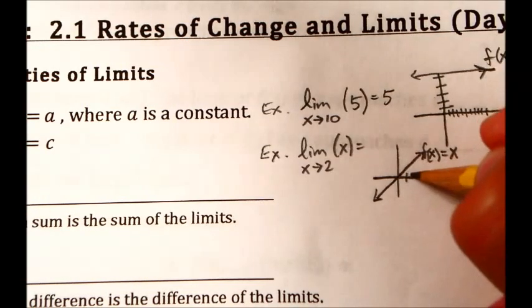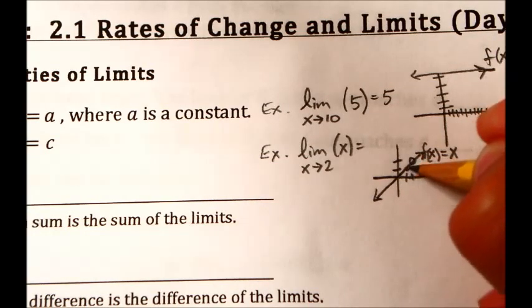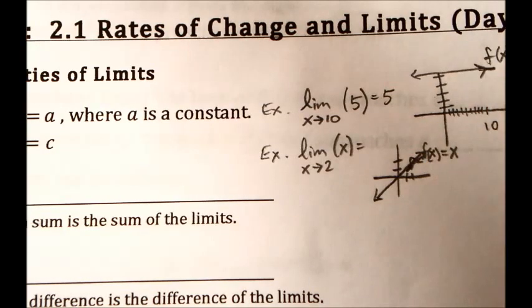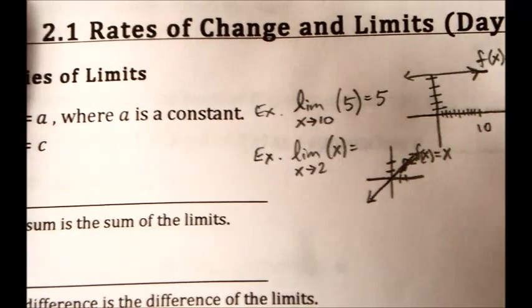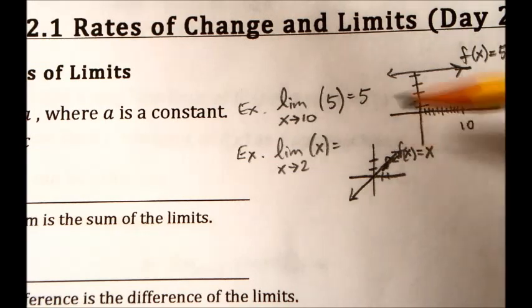So if you come over here to x equals 2, y is equal to 2. And that's true as a limit as well. We're going to talk about the fact that if a graph is completely continuous and passes right through the point (2, 2), then its limit is also 2, provided the graph is defined over the interval, not just at the point. But that doesn't need to make sense too perfectly right now.